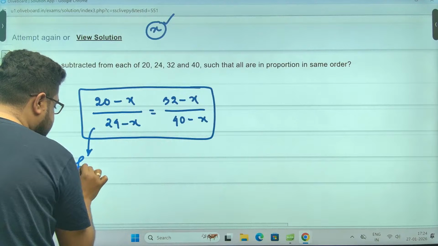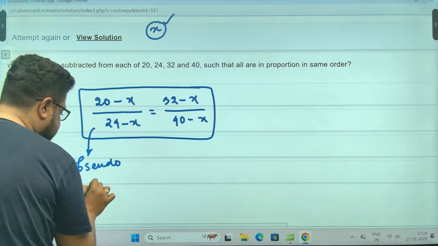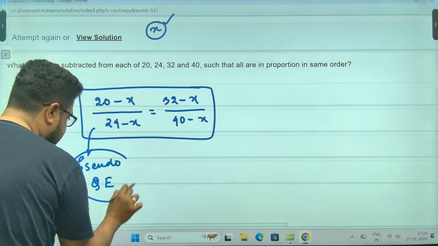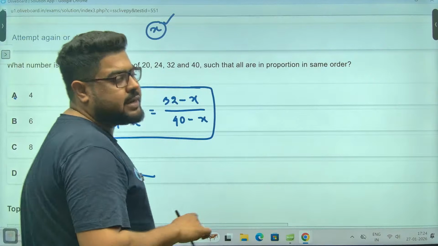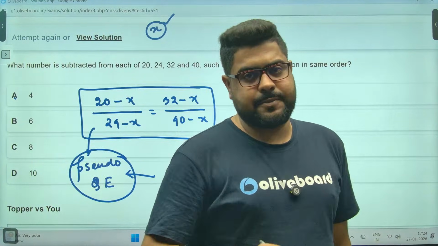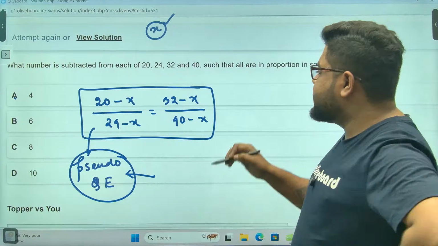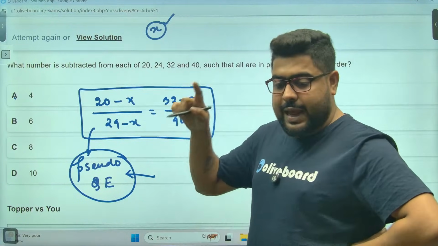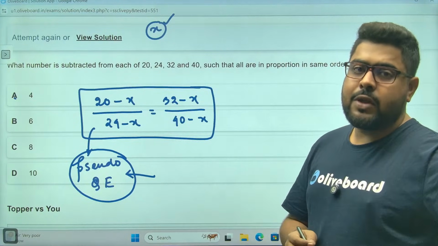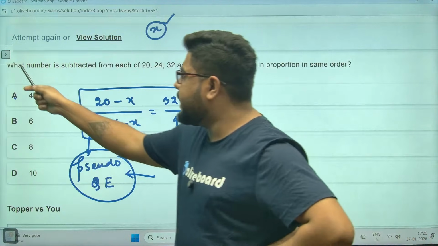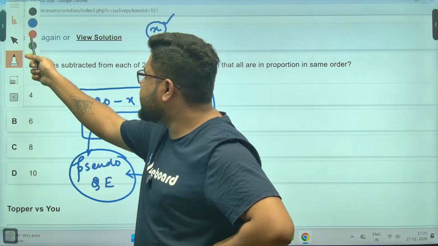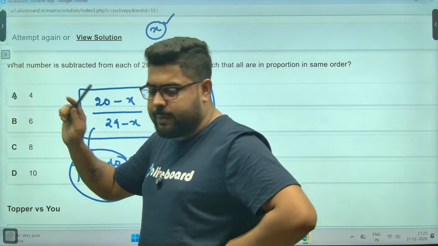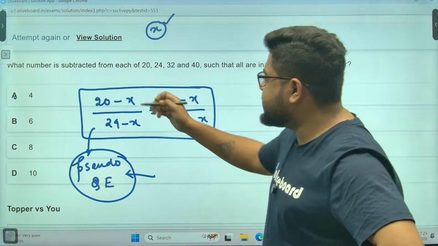Many people think this is a quadratic equation. No, the x square term will cancel. But sometimes if these values are not so good, the calculation might be very lengthy and eat up a lot of your time. In that case, I definitely recommend going by options. So this is method number one.